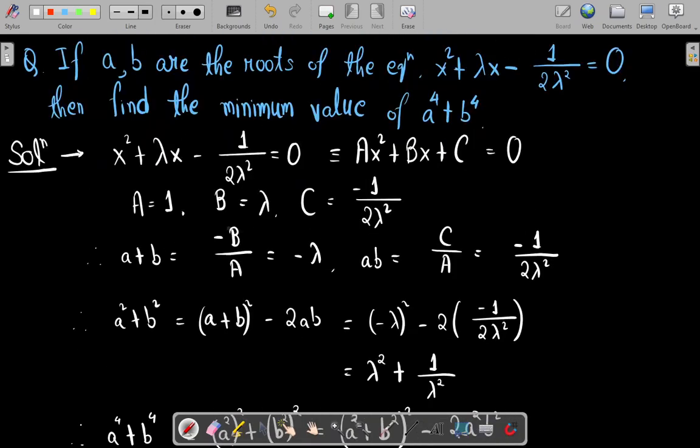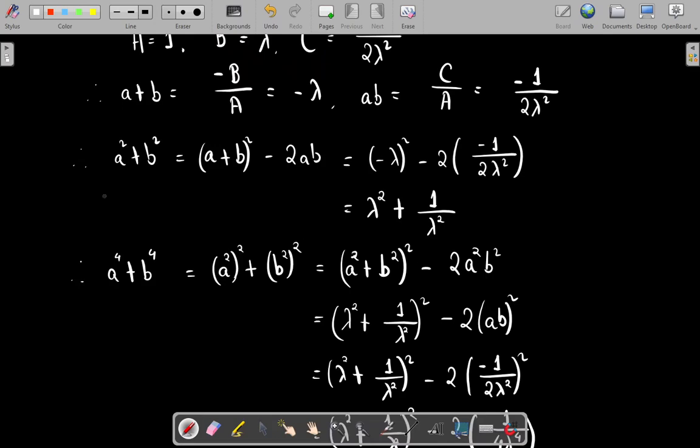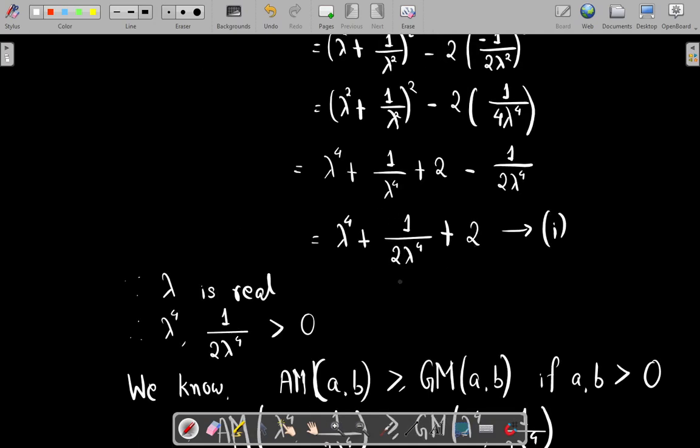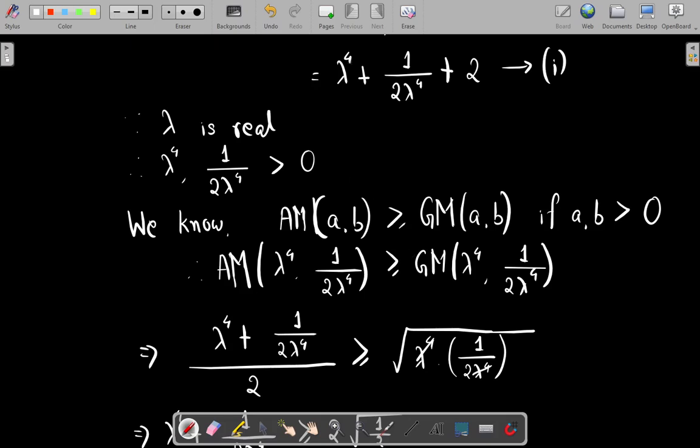We just used the sum of roots and product of roots from the coefficients and found the value of a square plus b square, and then we squared it to find the value of a to the power 4 plus b to the power 4. And whatever expression we got, we used those terms in that expression. Specifically in this case, it was lambda to the power 4 and 1 upon 2 lambda to the power 4. And since lambda was real, these values are positive.